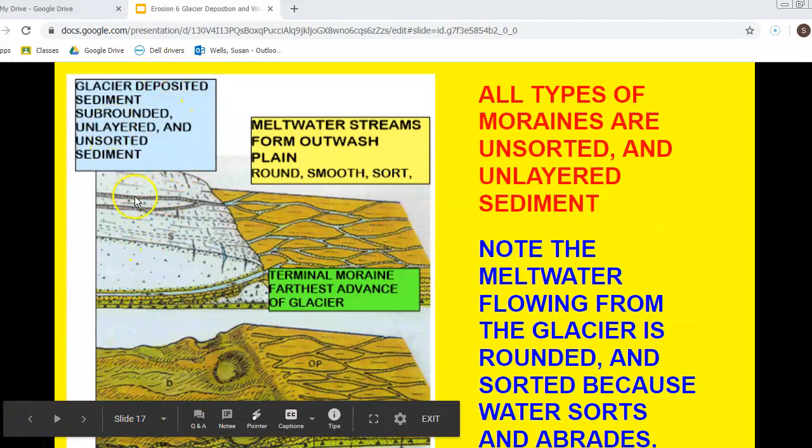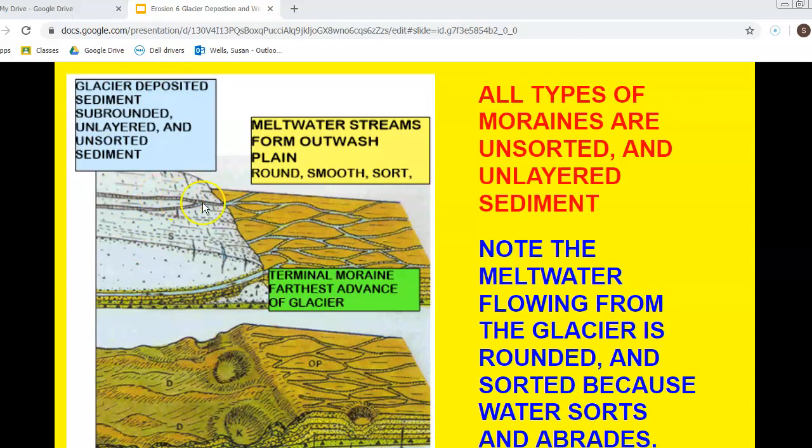So when you look at this top diagram, this area has been covered by the glacier. Nothing there will be sorted or layered. But these are the meltwater streams. They're typically braided, they're called braided, but because they go into streams, it becomes sorted, rounded, and smoother.